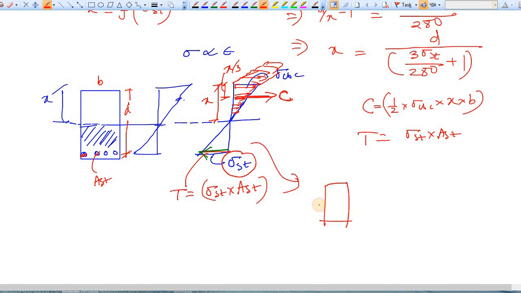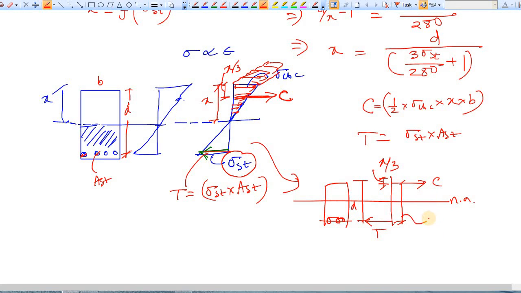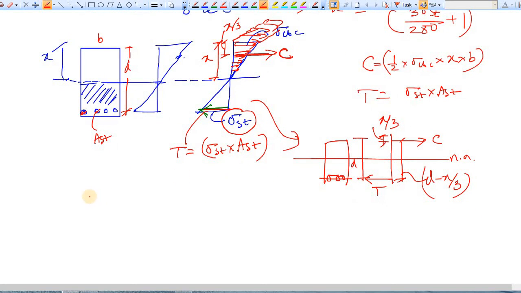If this is the section, this is the neutral axis, here is the compressive force, here is your tensile force, and the total depth from here to here is d, and C is acting at a distance of x by 3. So this is coming as d minus x by 3. And from equilibrium, total compressive force is equal to your tensile force, and this condition is known as balanced condition.